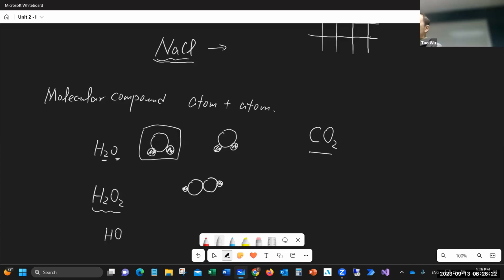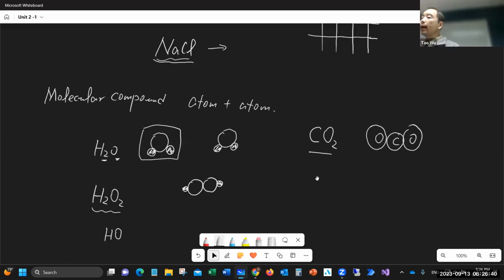It's 1 carbon and 2 oxygens combined together, making a molecule like this.